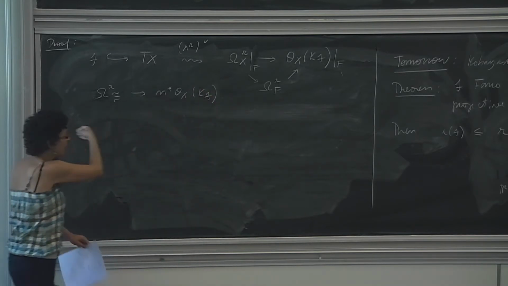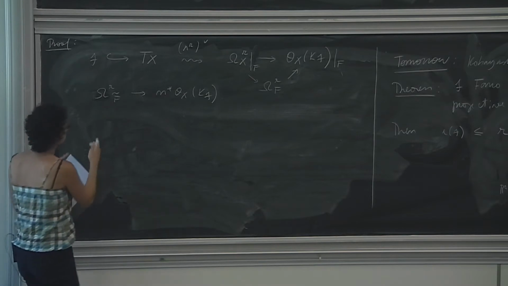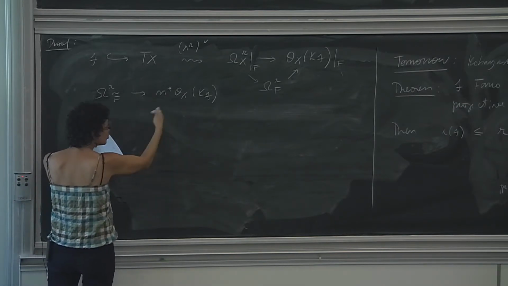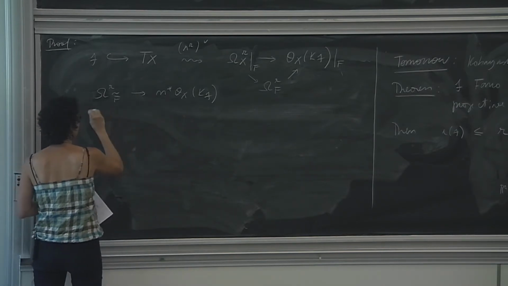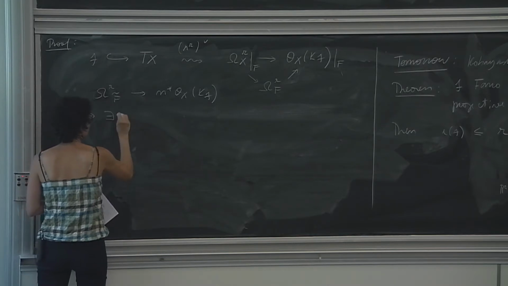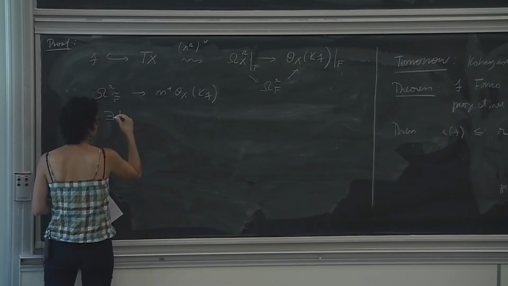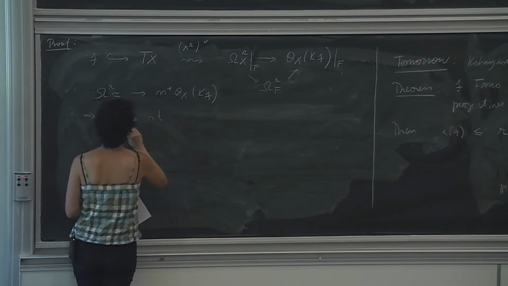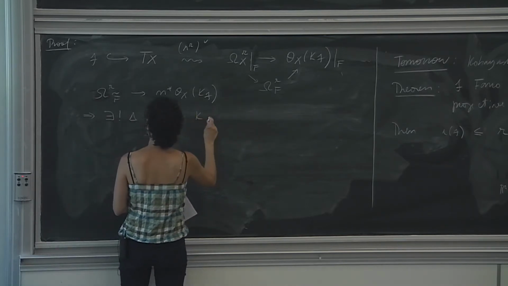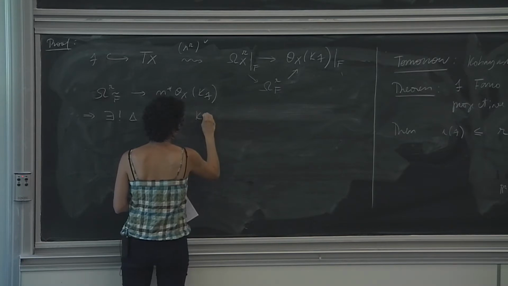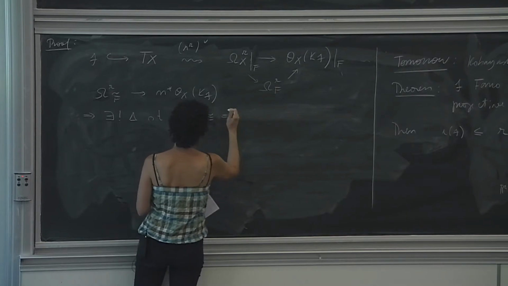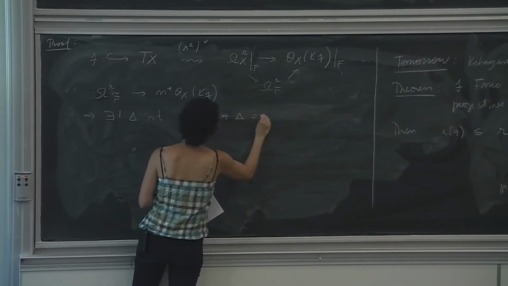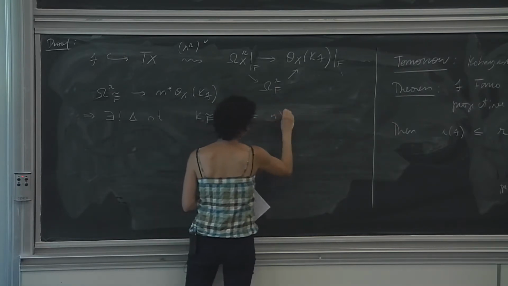And this is a generically surjective map. And so there is a naturally defined delta, a unique effective divisor delta, such that K_F tilde plus delta is the pullback of K_F.